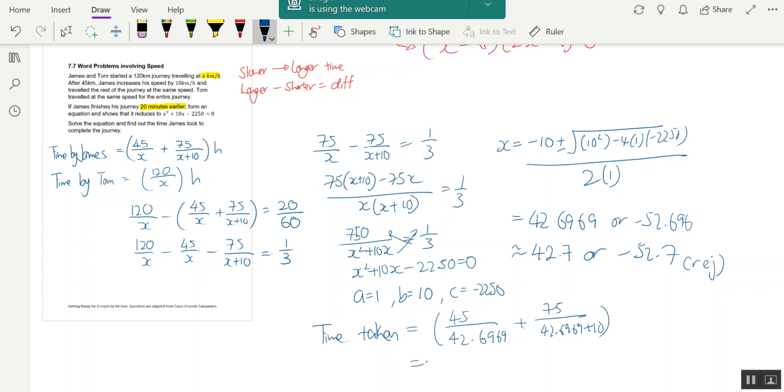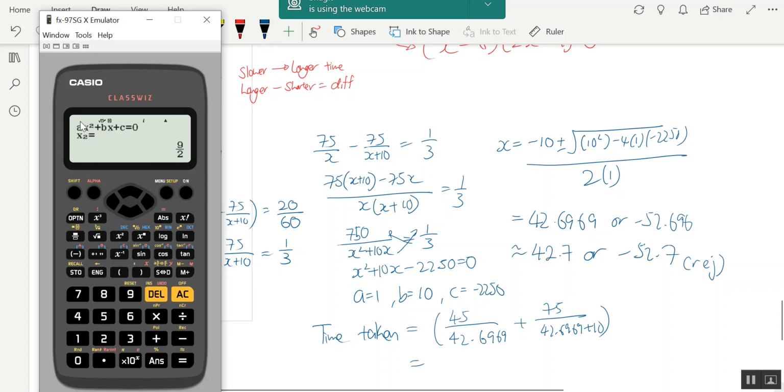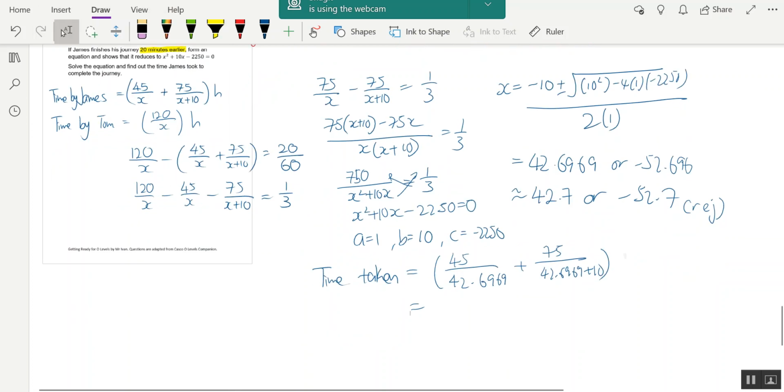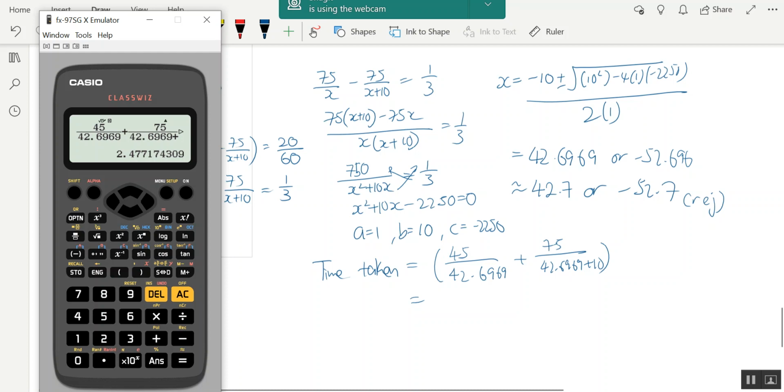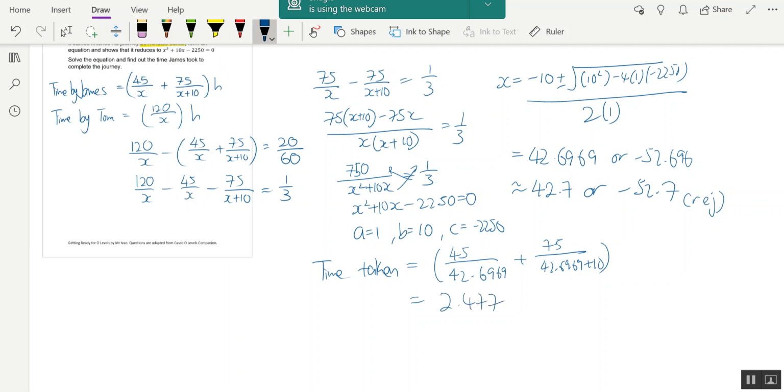You can use your calculator to go back to the original place. 45 over 42.6969 plus 75 over 42.6969 plus 10, because this is going to be the time. So it will be 2.477 hours.